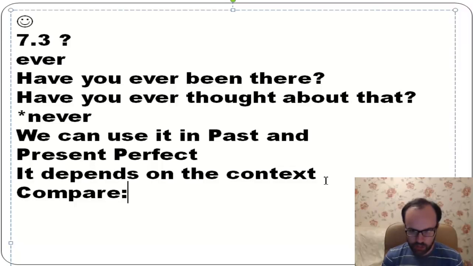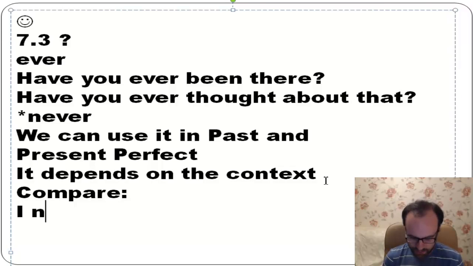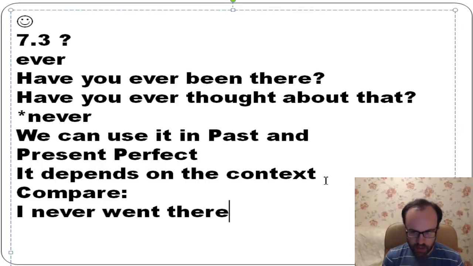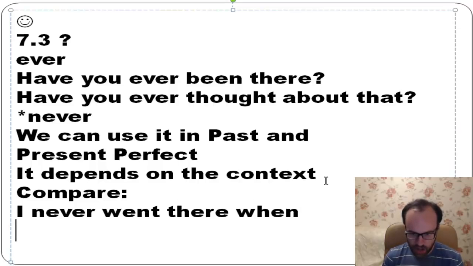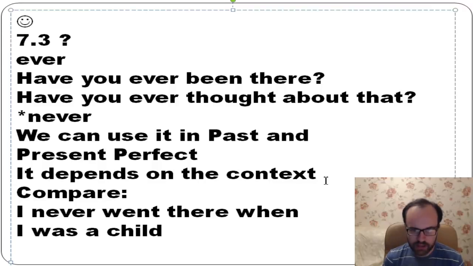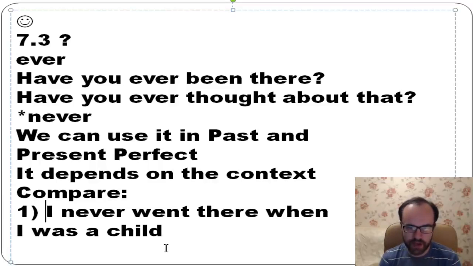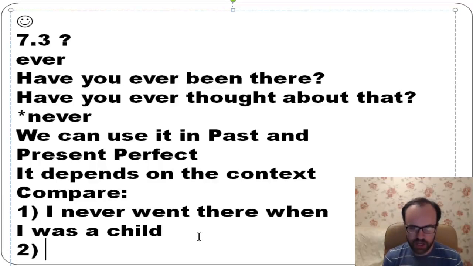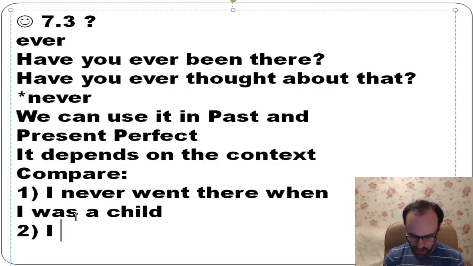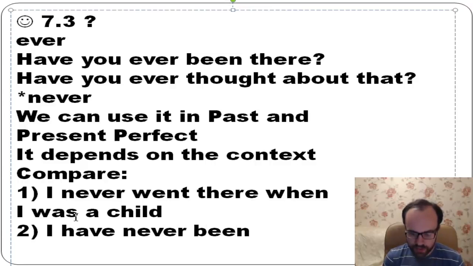Please compare. I never went there when I was a child, and so it's the first sentence. And so you see, I have never been there.